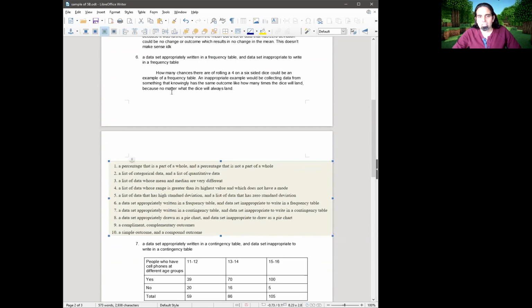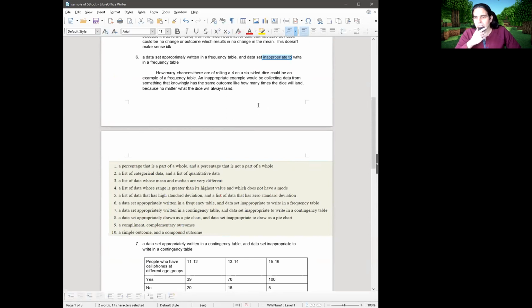For number 6, a data set appropriately written in a frequency table and one that's inappropriate to write in a frequency table. So chances of rolling a 4 on some dice, or the easy way to make it inappropriate is to mix categories.